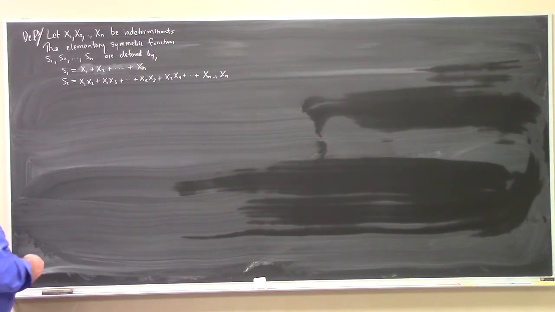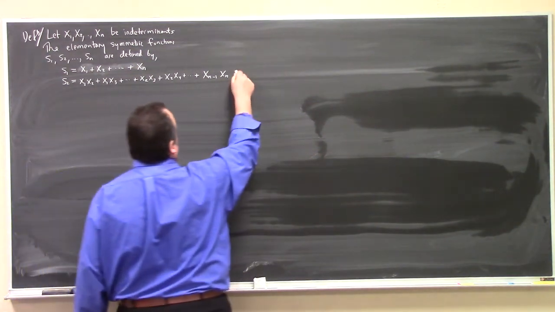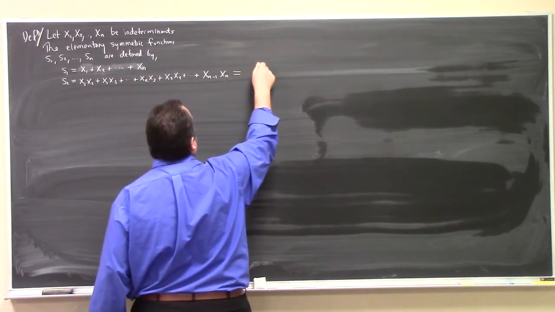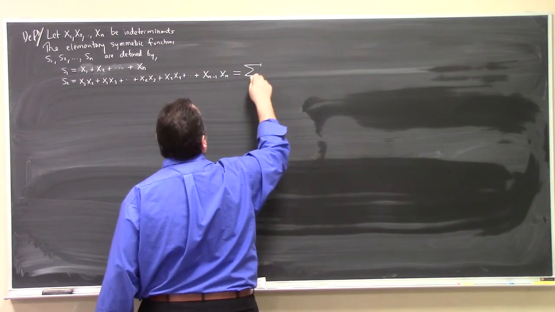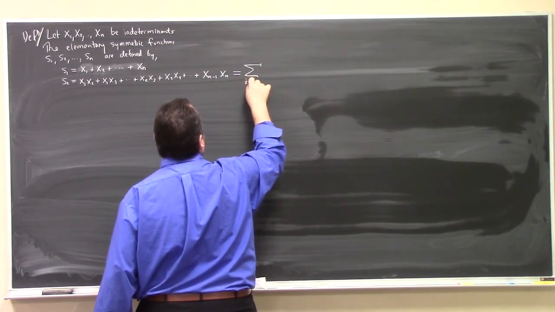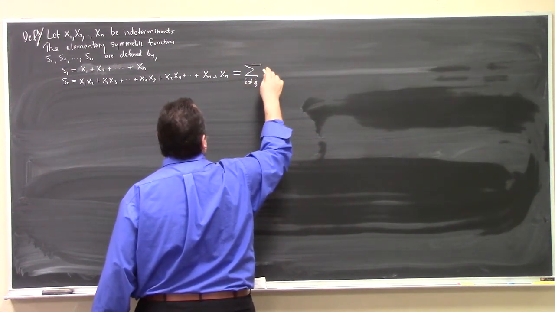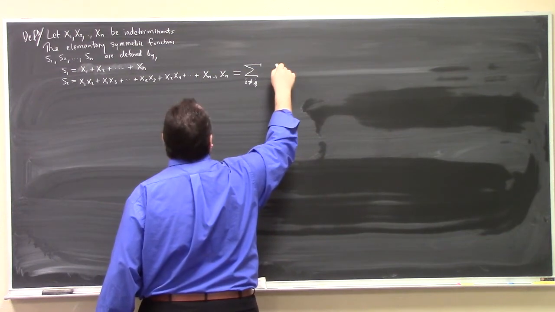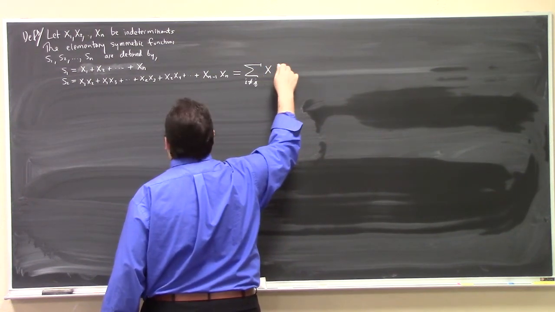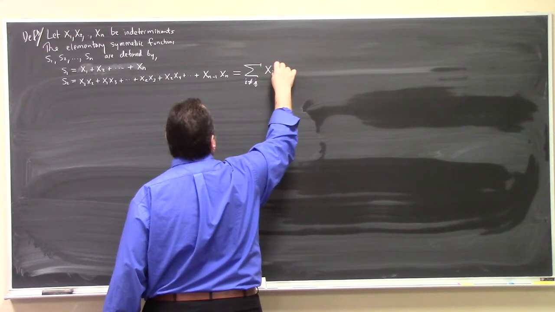So I could express that more concisely here. This is the sum over i not equal to j of xi xj.